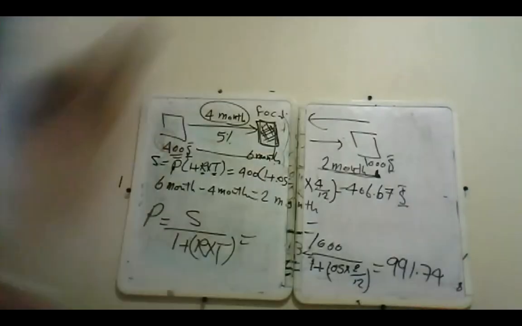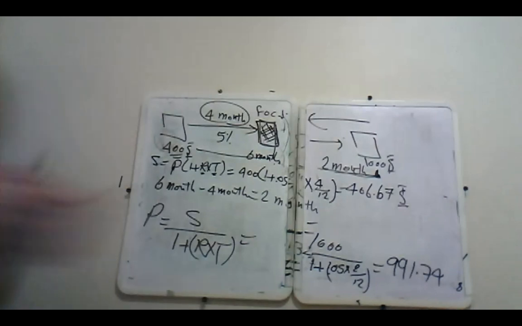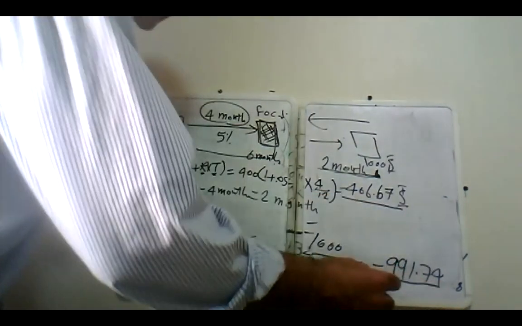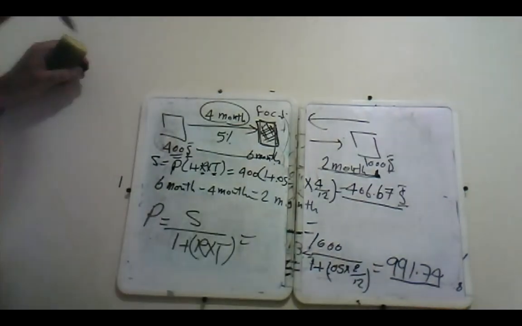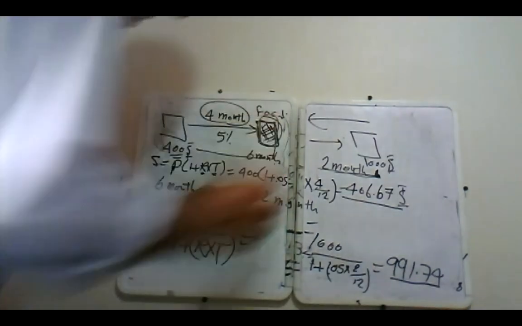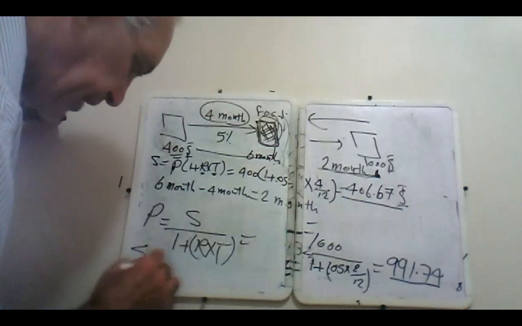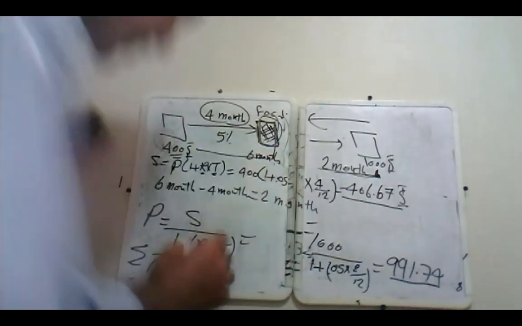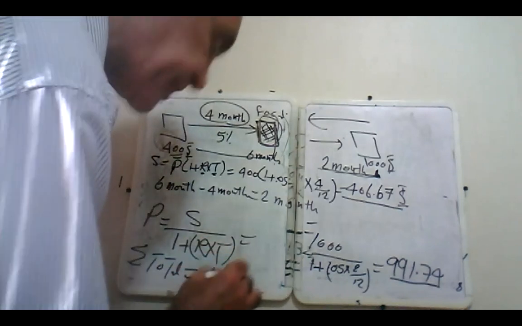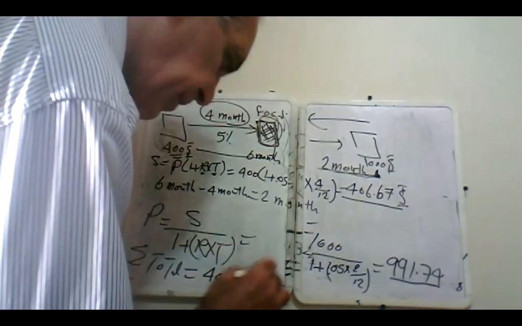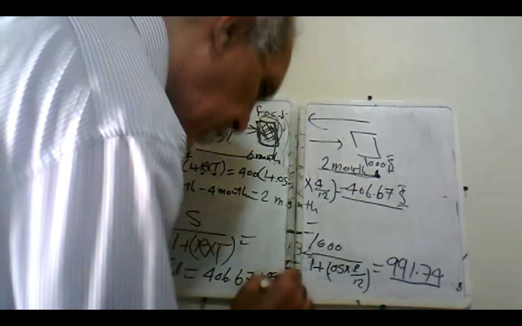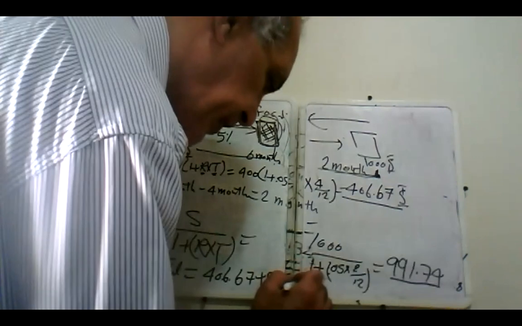So this amount is 406.67, and this amount is 991.74. Then the total on the focal date will equal the first amount, 406.67, plus the second amount, 991.74.